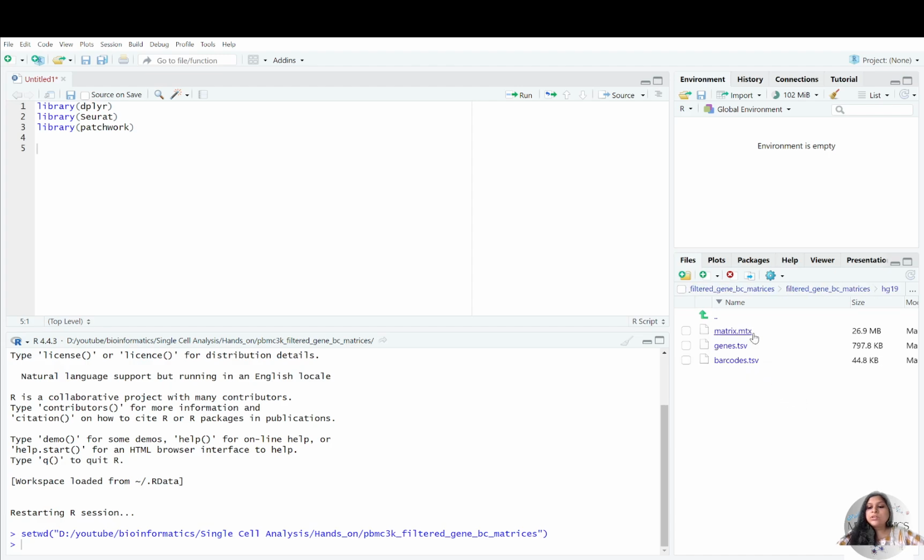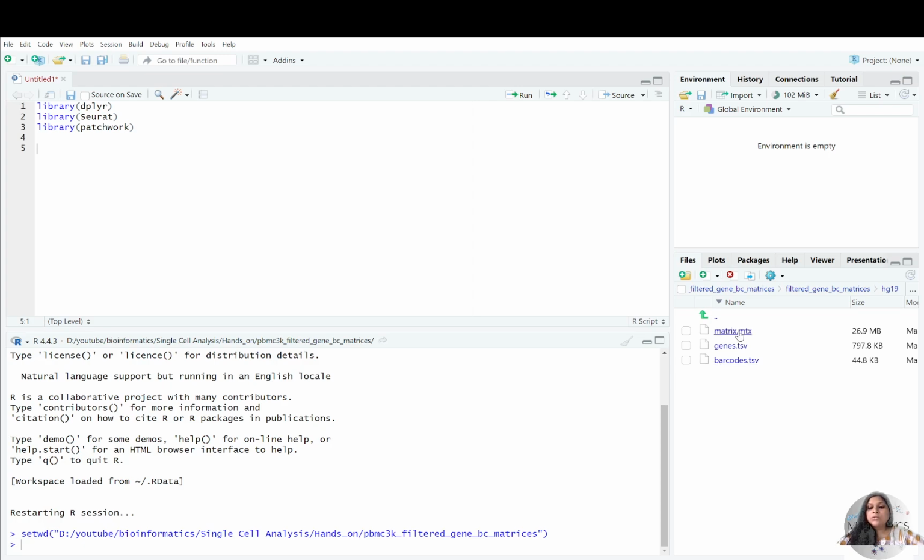In that filtered gene BC matrix, and inside the hg19 data folder, you have three files. This is matrix.mtx, this is genes.tsv, that is a tab separated file, and then here again a tab separated file which gives you the information of barcodes.